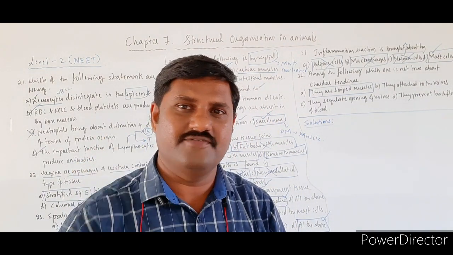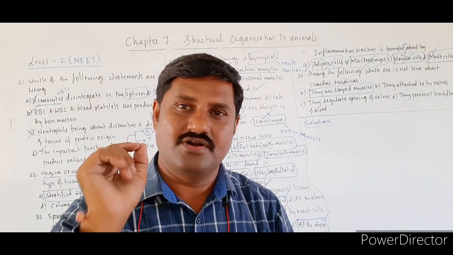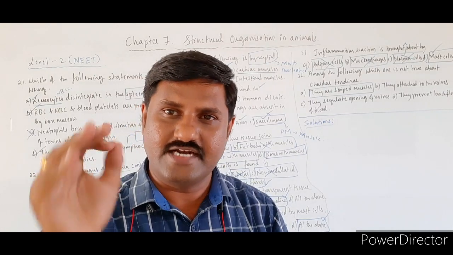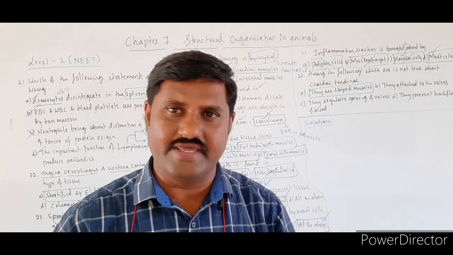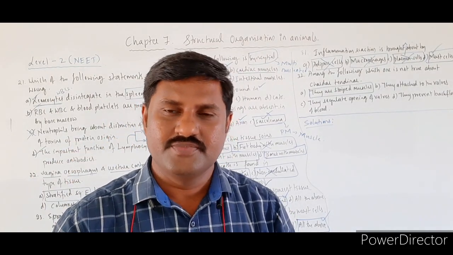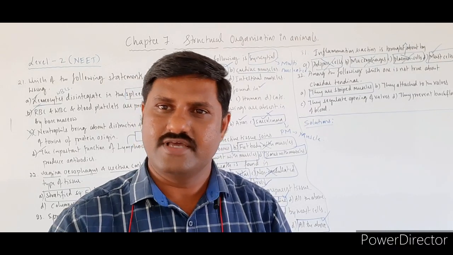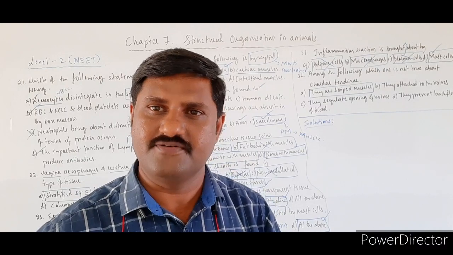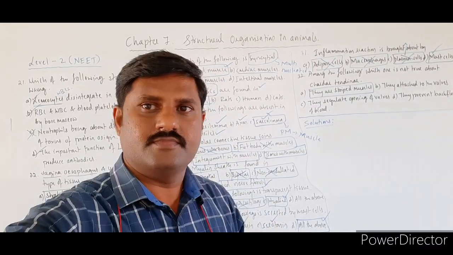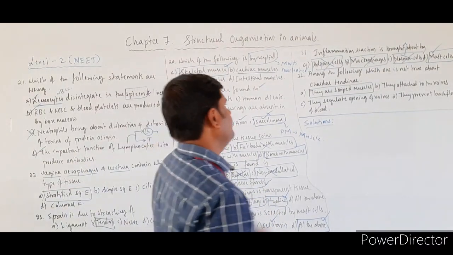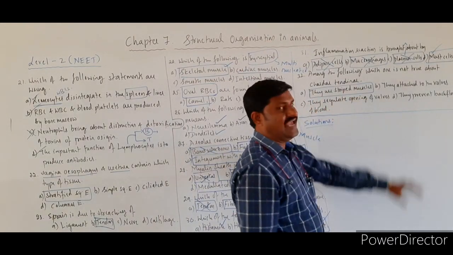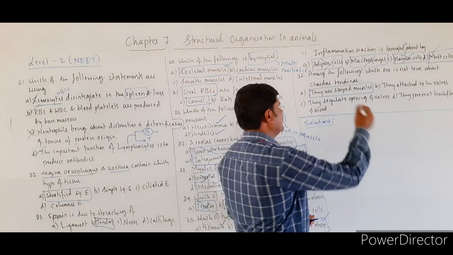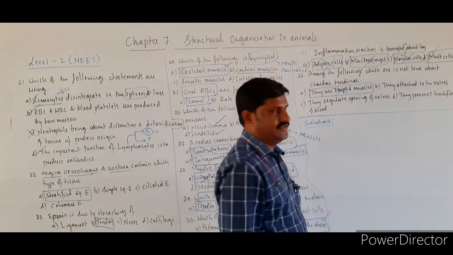We'll have to identify the wrong statement about chordae tendineae. I have already analyzed what they do and how they are, so let us see the options and analyze the correct answer for this question. Yes, they are striped muscles. They are striated muscles, he is saying. Actually they are not striated muscles.